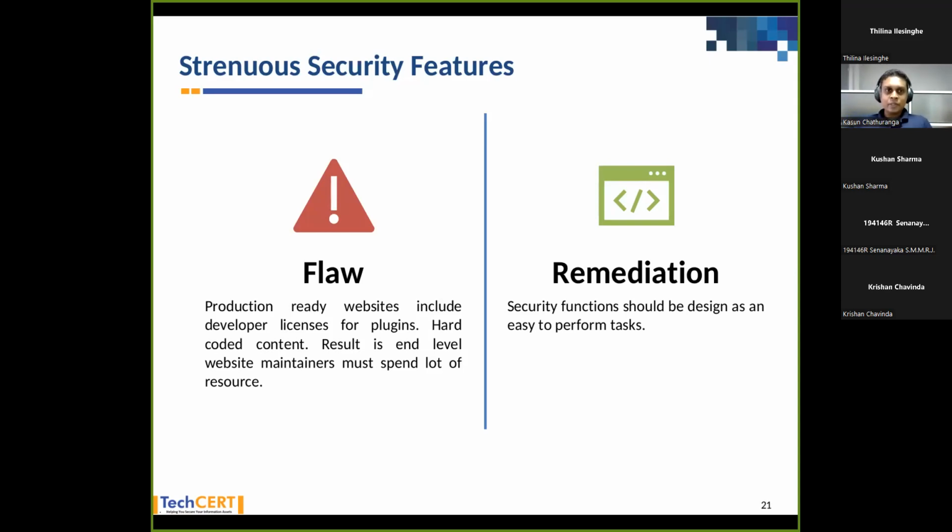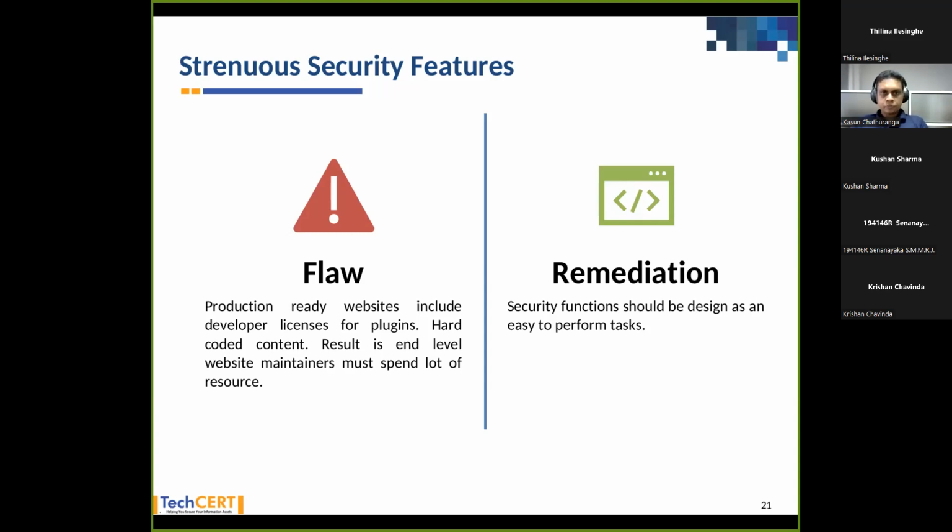Security should not be a thing which burdens the users. Security should be simple, and it should not put another load on the user, where the user or the web maintainer has to spend a lot of time just to do the function.